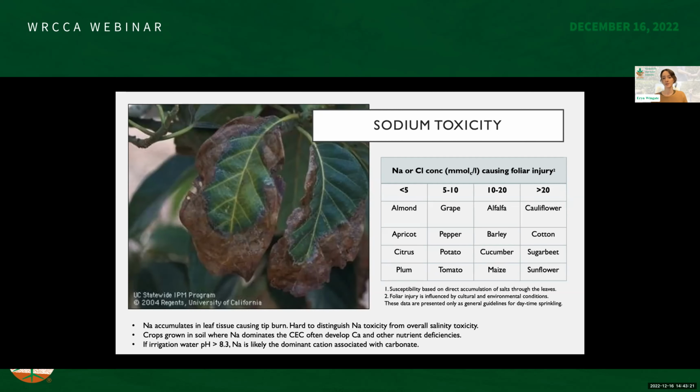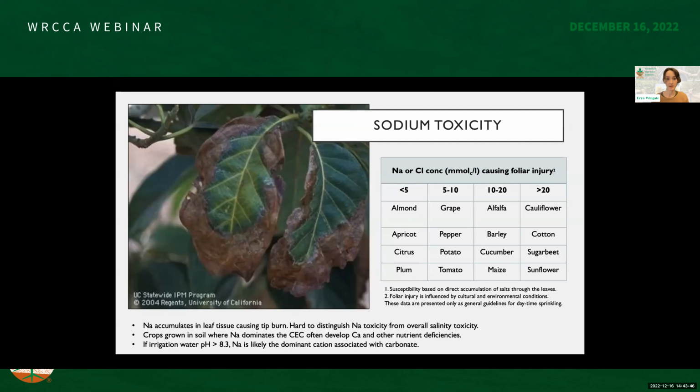So you want to combine all of your lab tests: look at your water, look at the soil, and then take leaf tissue analyses as well to see how your water and soil are impacting the crop. Crops grown in a soil where sodium is dominating the cation exchange can develop other nutrient deficiencies as well.